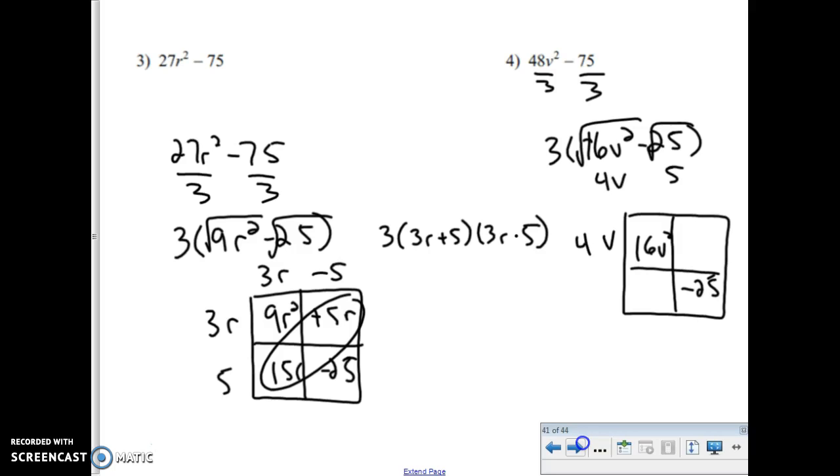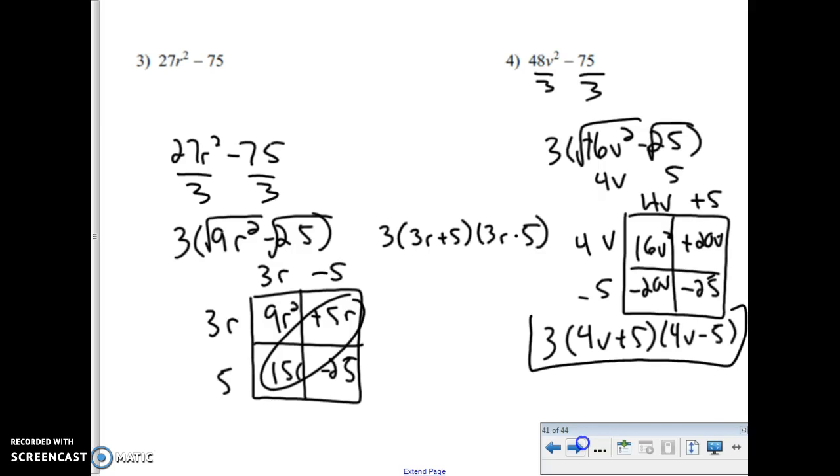So if I do (4v plus 5)(4v minus 5), that should work out. I get 20v minus 20v. Add those two together, it works out. So you end up with 3(4v plus 5)(4v minus 5) as the fully factored form. I'm going to ask you guys to try the next few questions, and then we're going to talk about another type of situation.